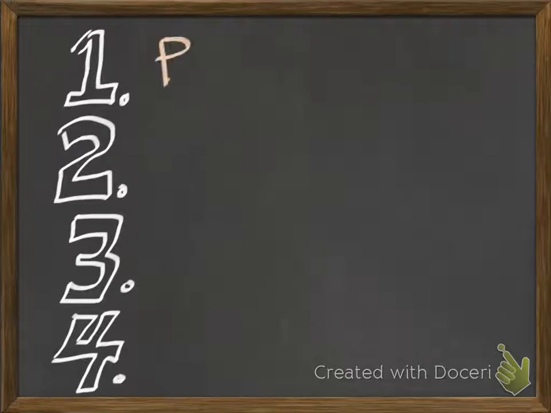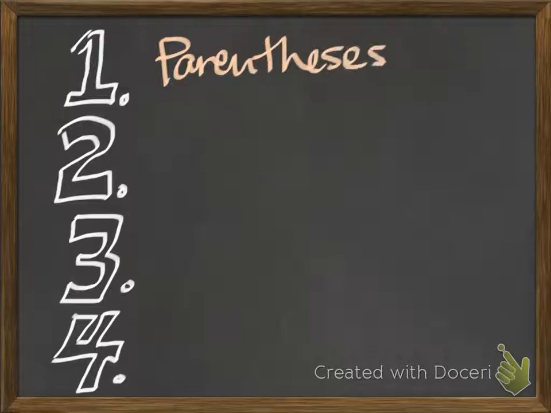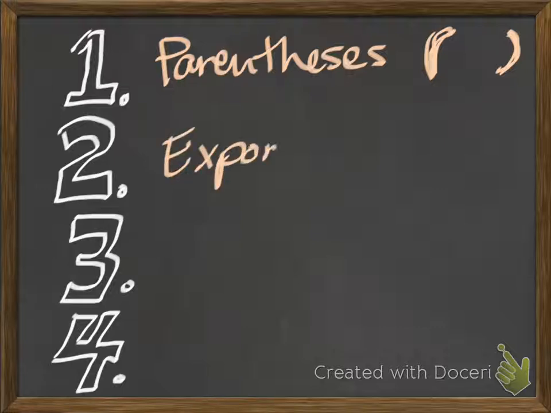P stands for parentheses. You know, these marks. And then exponents to do those, something like 3 to the third. That 3 is the exponent.